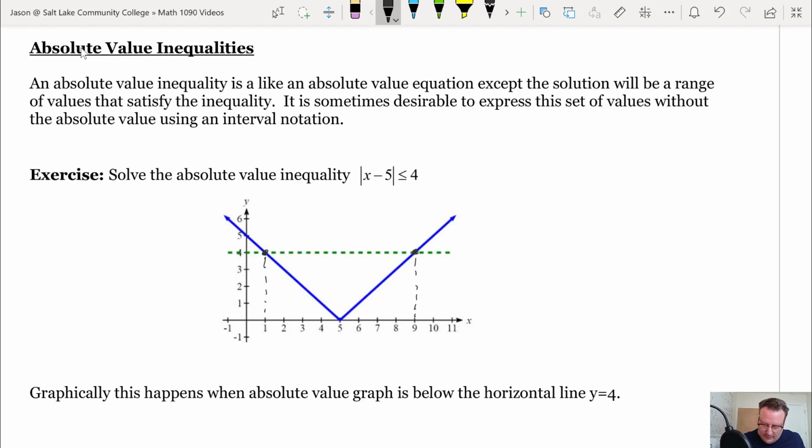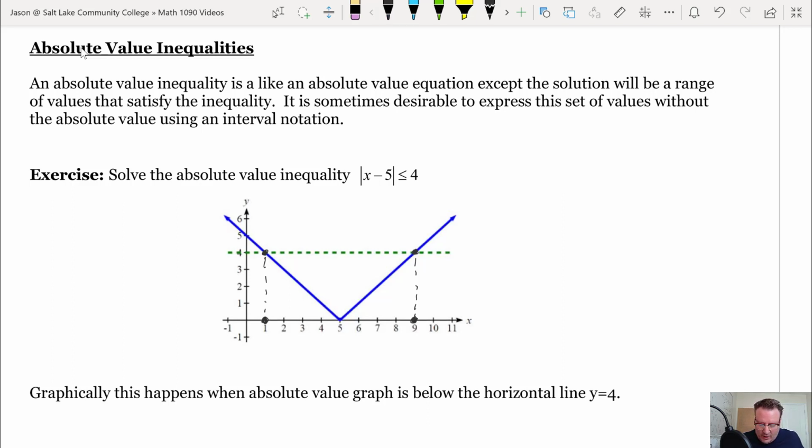But what do we really want? We don't just want these points 1 and 9, do we? And it's a non-strict inequality, so we do want to include these points in our solution set. But really what we want is all the x values such that this left-hand side expression is less than or equal to 4. In other words, think of both of these as functions, and their outputs are what you get when you evaluate these functions.